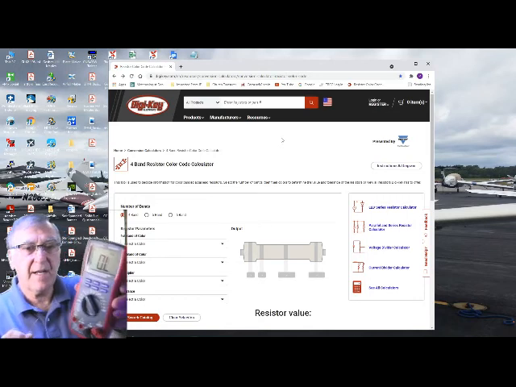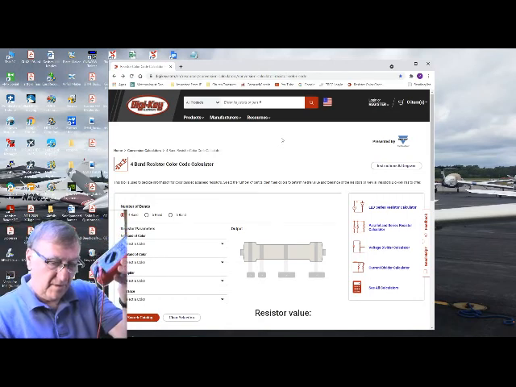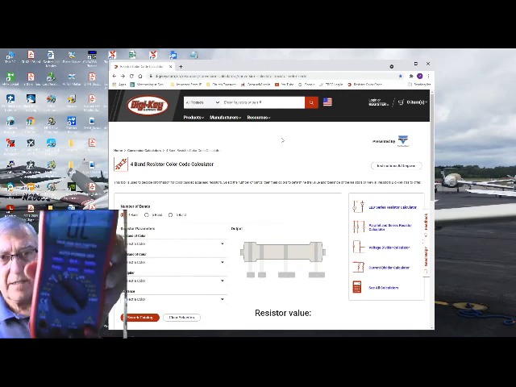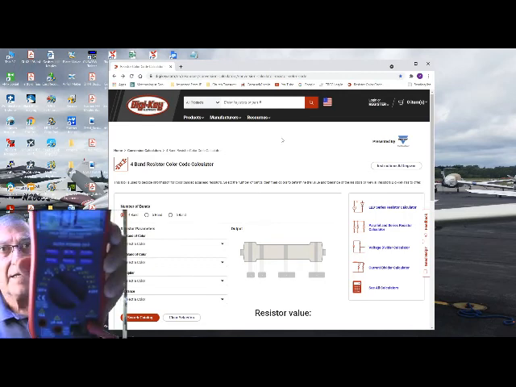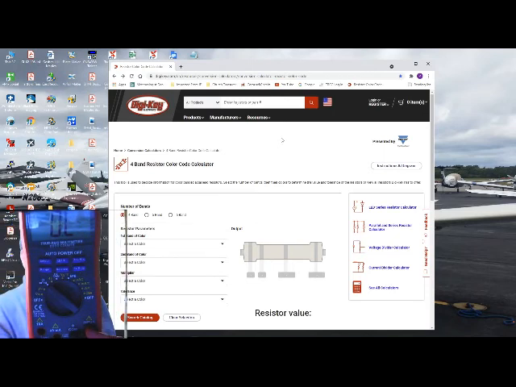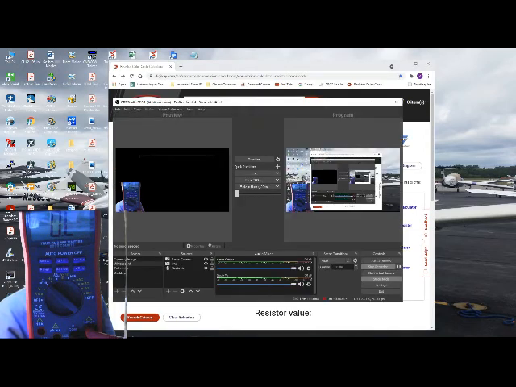It's a 1/8 watt, and we're going to measure the resistance. I'm going to set this meter up here. Hopefully it'll stay. Okay, and if you can see the display there, I'm going to measure this.